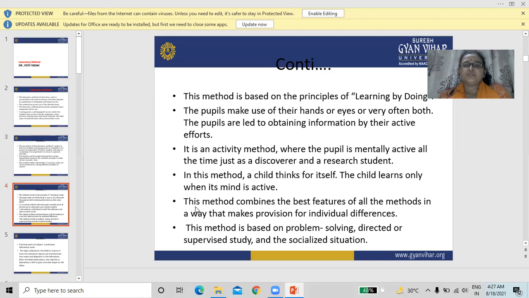The pupils make use of their hands or eyes, often both. The pupils are led to obtaining information by their active efforts.